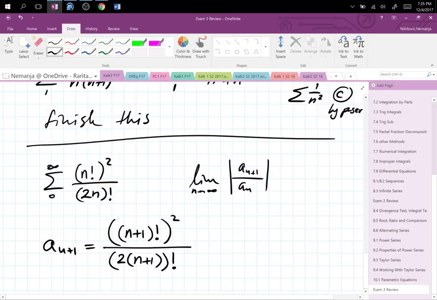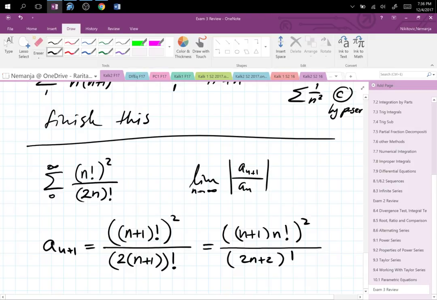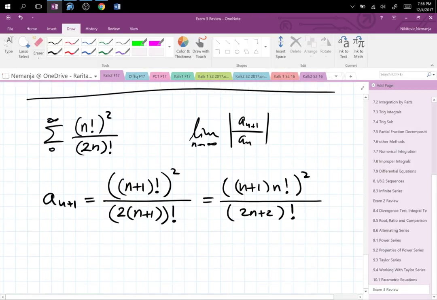Now I have to peel off terms. I peel off n plus 1, and there's times n factorial, everything is squared. On the bottom, I have to distribute 2 into 2n plus 2, and that is the factorial there. On top, in the numerator, the square gets applied to both of the factors.